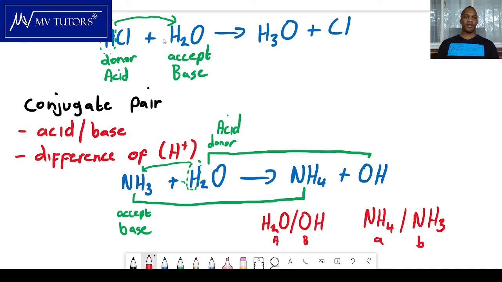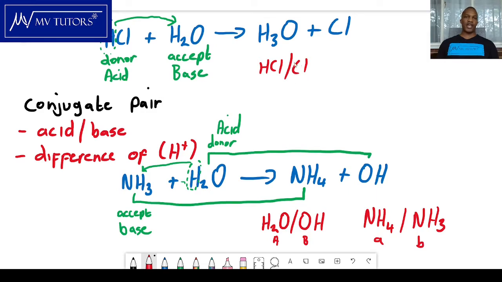Even with this first one that we did, the conjugate pairs here are HCl and Cl. Starting with the acid, which is the one that has more H's, the pair is HCl and Cl.